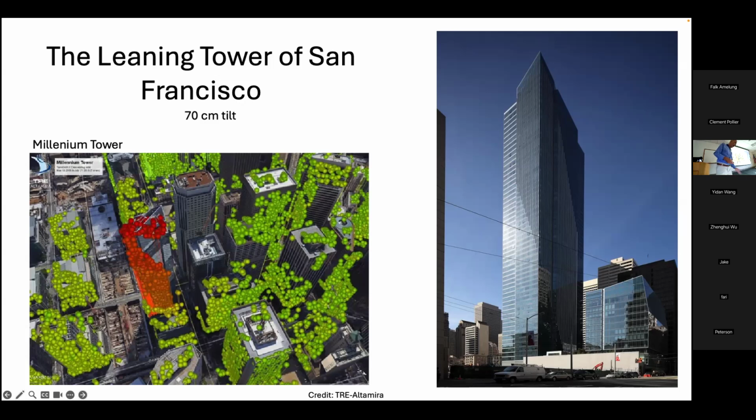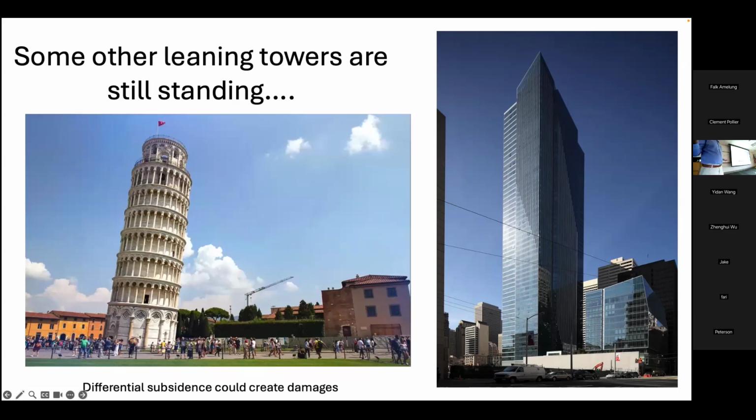If you put a marble on the ground, it went in one direction. They're repairing it, trying to fix it, but it doesn't really affect the integrity of the structure. And of course, we have a couple of leaning towers which have been standing for quite a long time, like the leaning tower of Pisa.